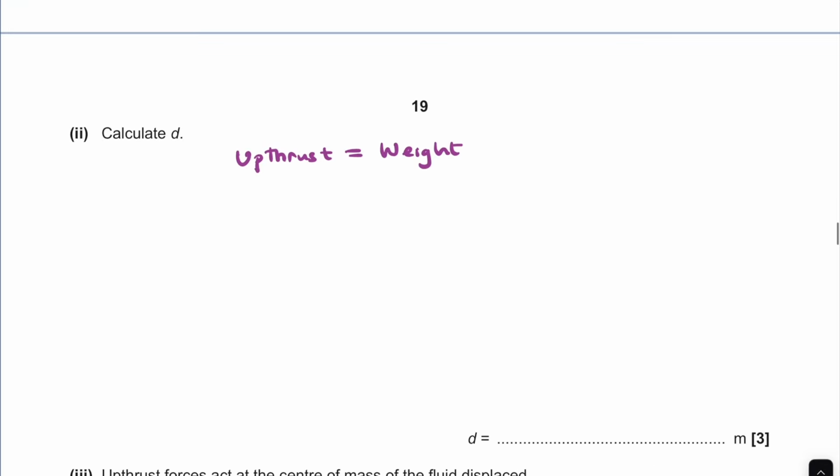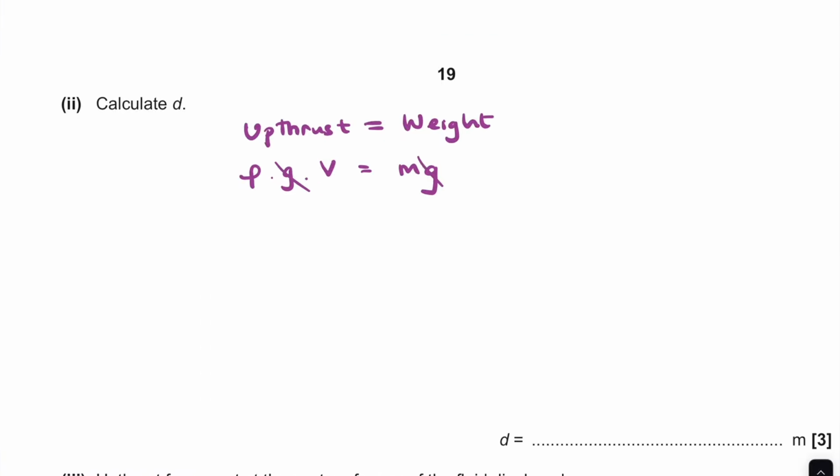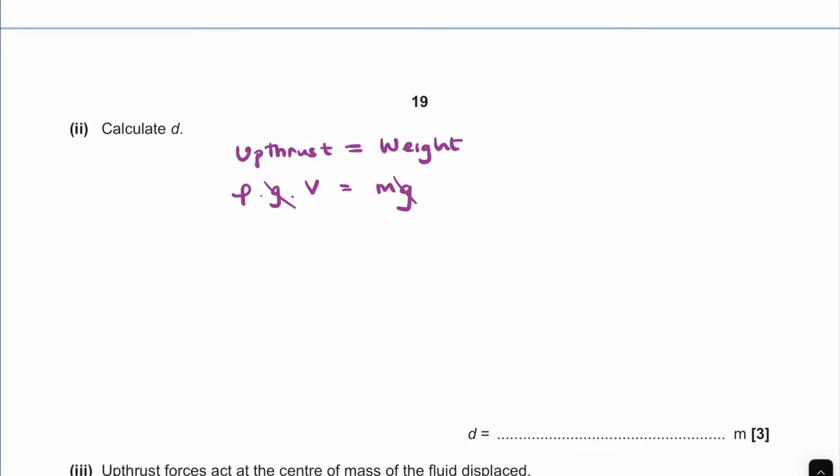Part II, we need to calculate the value of D. Because we know upthrust is equal to the weight of the water displaced, and upthrust is rho g V and the weight is mg, g cancels out and I have the density of water.